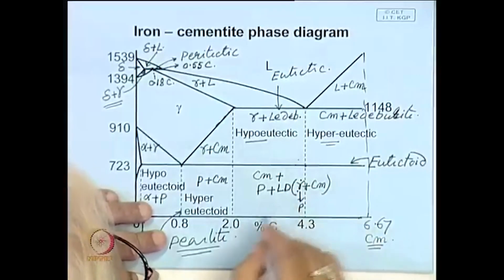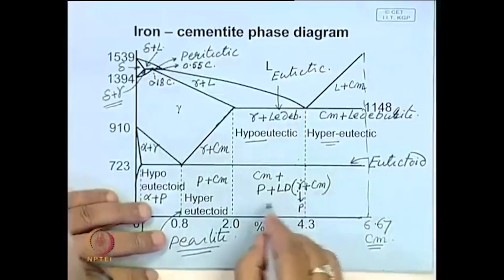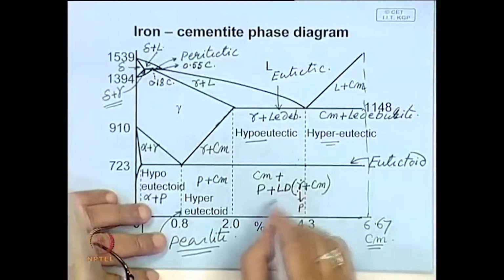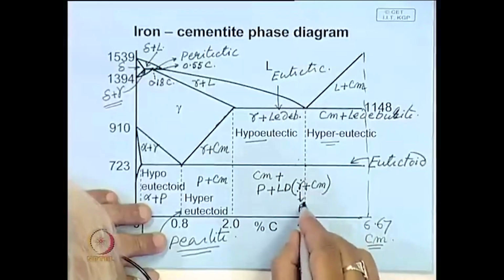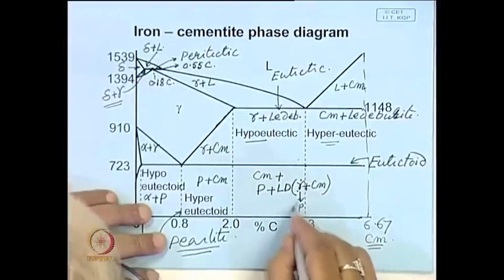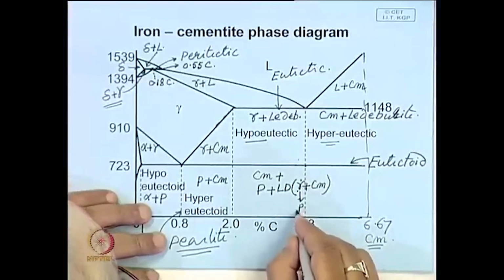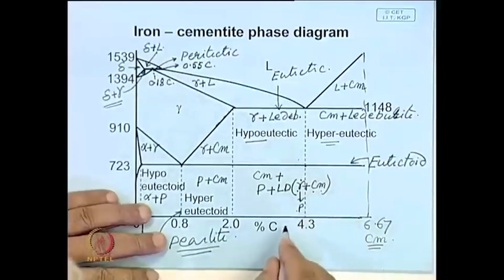So, what you have at room temperature is called transformed ledeburite, which will be made up of a relatively intimate mixture of pearlite and cementite.